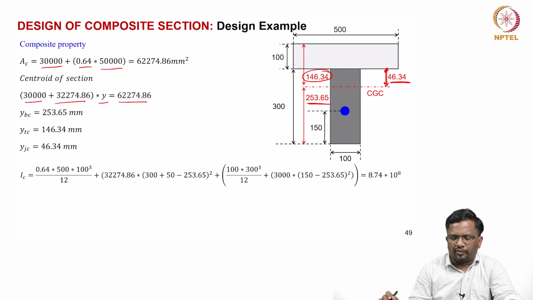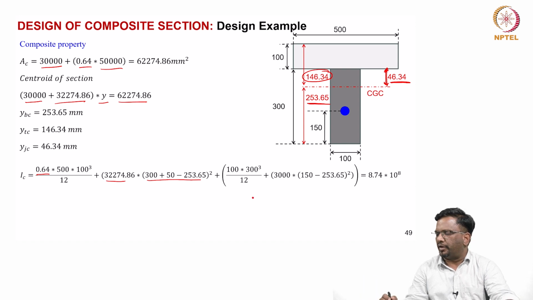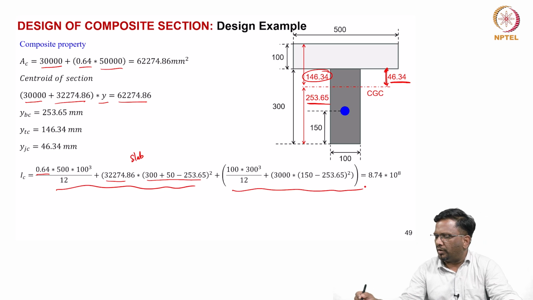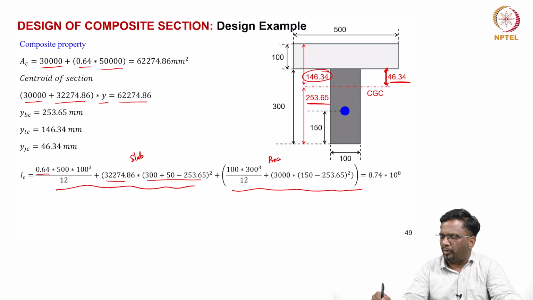And now the moment of inertia for a composite section, again we can calculate. Now the slab is getting reduced by modular ratio 0.64 into 500 into 100 cube by 12, and this is using parallel axis theorem, and this area plus distance square will give me the moment of inertia of only the slab. In addition to that, I should also take moment of inertia of these two for the precast beam.